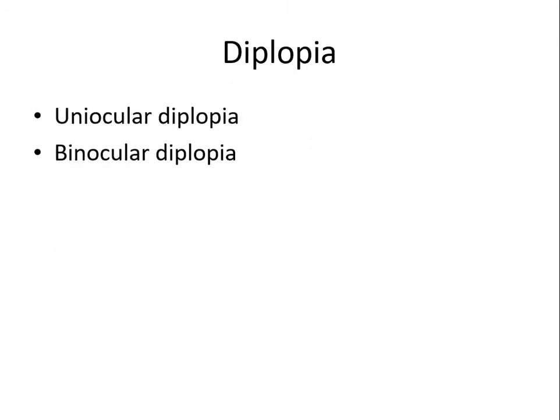Diplopia. Diplopia is a phenomenon in which patient will see one object as two. So it could be uniocular diplopia or binocular diplopia. All of you know, God has given us two eyes.